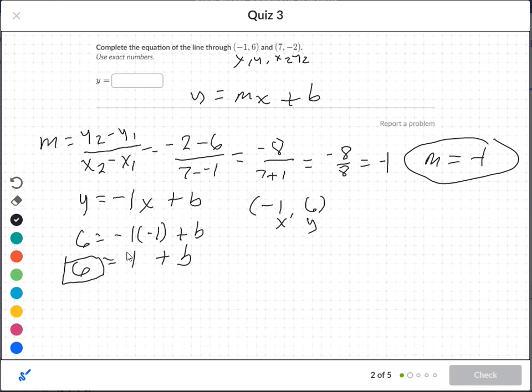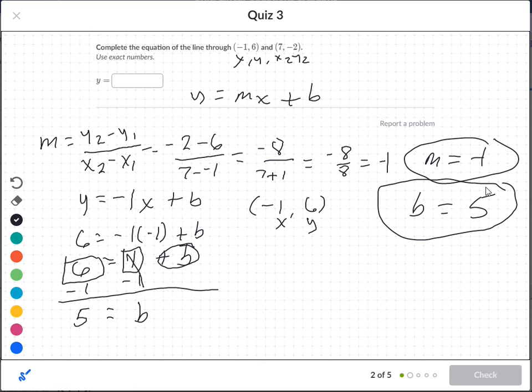Go ahead, box the numbers and circle the letters. Subtract by 1, so we get 5. Cross these out, and that's b. So now we know that b is equal to 5. We know that m is a negative 1, so I can say y is equal to a negative sign and then the x plus the b.